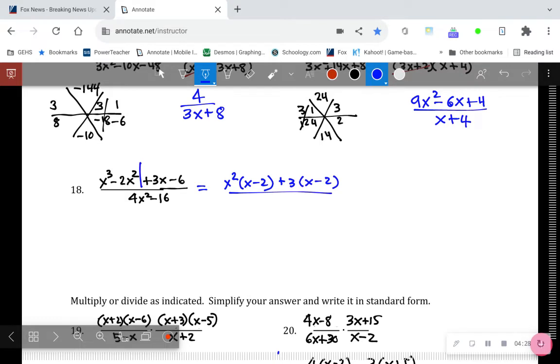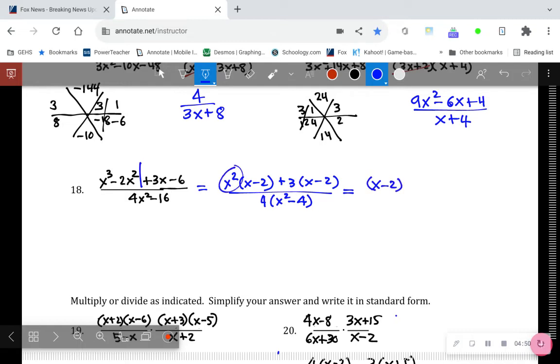And the bottom, there's a common factor of 4. Then you look up here, and there's another common factor. It's this x minus 2 that shows up in both spots. So you're going to pull that out.